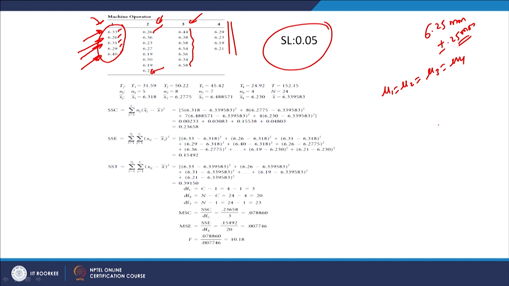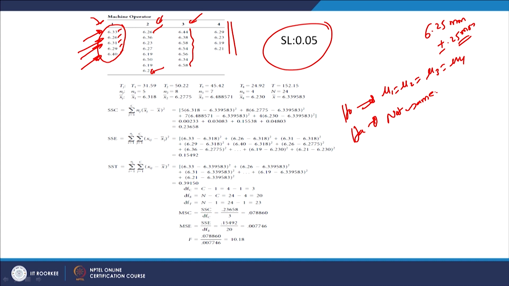These are mean diameters, and they all are equal; that is our null hypothesis H naught. The alternative hypothesis would be that at least one of them is not equal to the others, so all means are not the same. This is our alternative hypothesis.